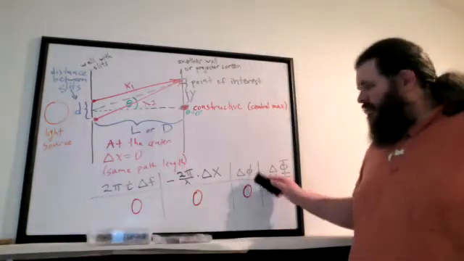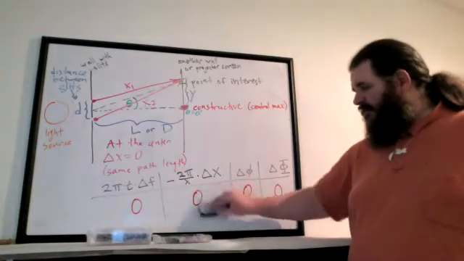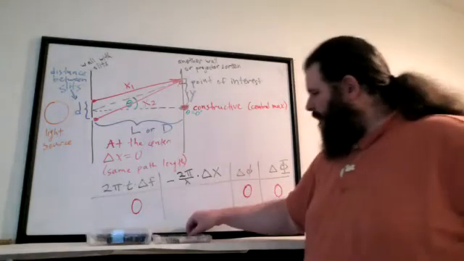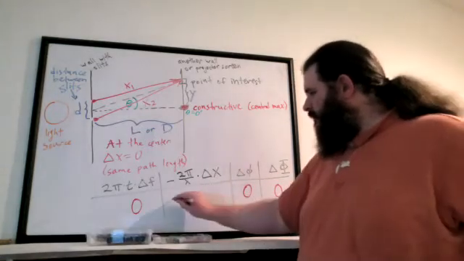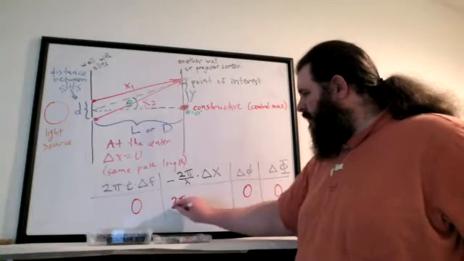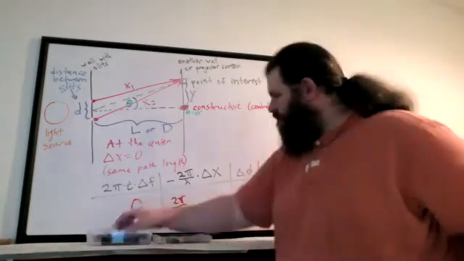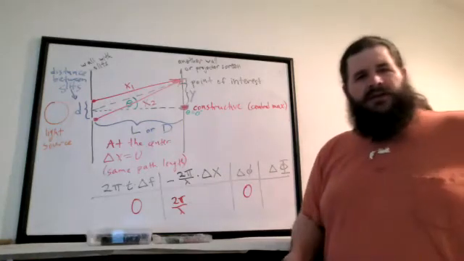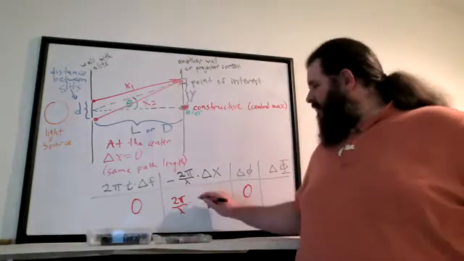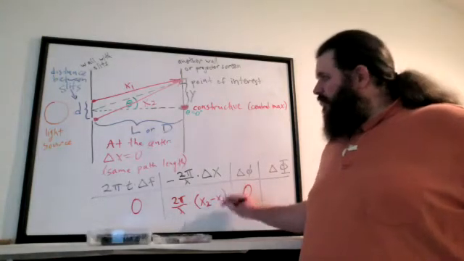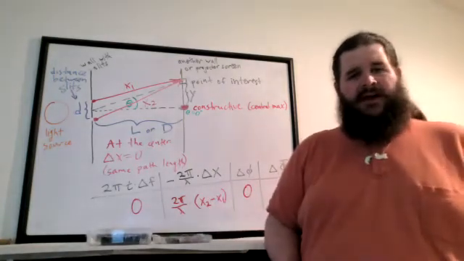Again, they're from the same source, so there's no phase difference from that. But there now is a path length difference: 2 pi over lambda times the path length difference. Let's figure that out. If we write that as x2 minus x1, or x1 minus x2, the order doesn't really matter here.